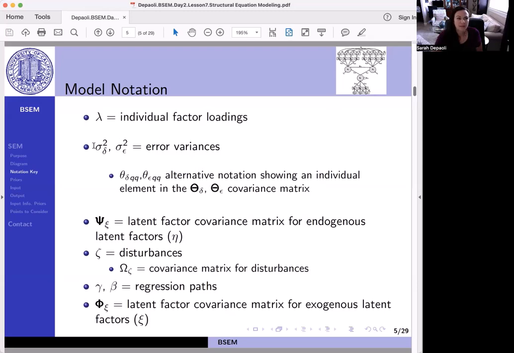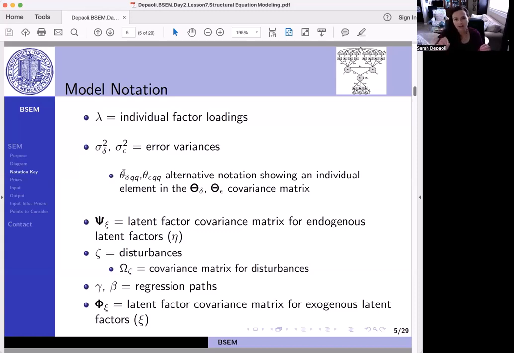And these I'm going to call a couple of different types of notation. It's very easy to think of them as sigma squared because they are variances, and that's easy notation to remember for a variance. But they're actually also elements in the big upper boldcase theta matrix. So we can denote these individual elements as little thetas, and that will show that they are single elements within the large covariance matrix.